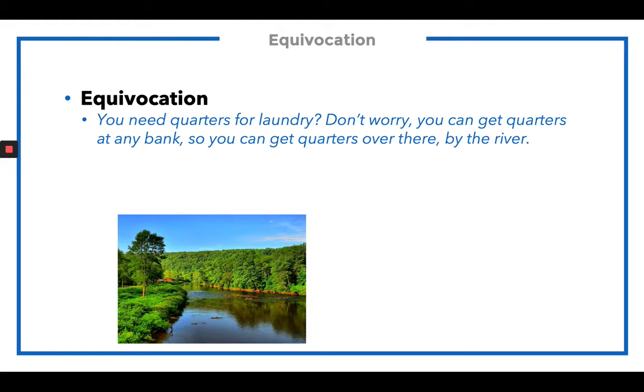"You need quarters for laundry? Don't worry, you can get quarters at any bank. Therefore, you can get quarters over there by the river." In the premise, it says you can get quarters at any bank, as in a financial institution. Then the conclusion is about a riverbank. That argument's not good because it's equivocating on the word bank.